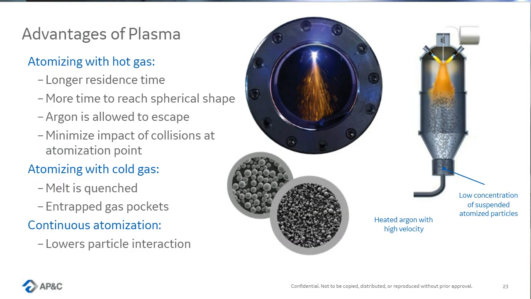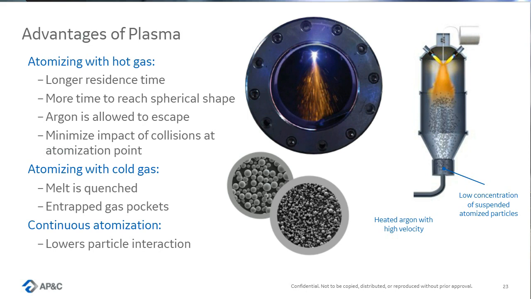The fact of using a plasma or a gas for atomization means that you have a longer residence time at high temperature. That means that you give more time to the particles to naturally reach the spherical shape you're looking for. Also, plasma atomization is using a lot less gas than gas atomization, so that means you've got less entrapped argon in the particles, less porosities, but also the longer residence time at high temperature allows the argon to escape from the particles.